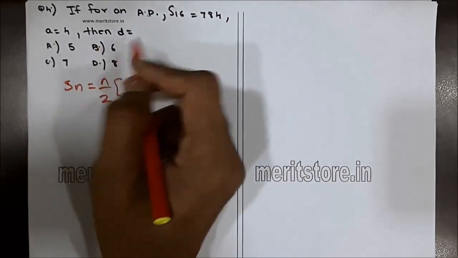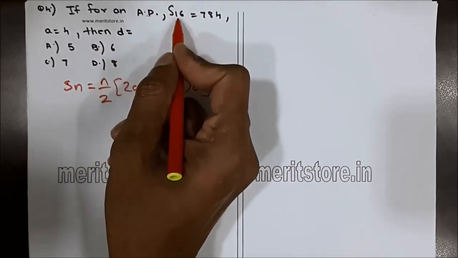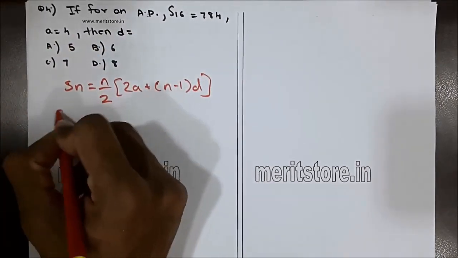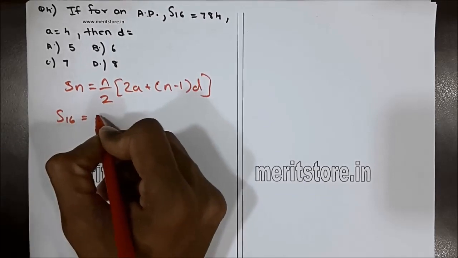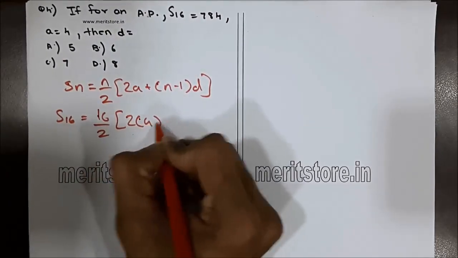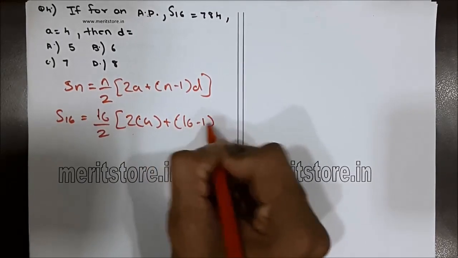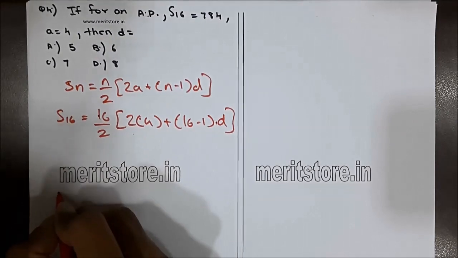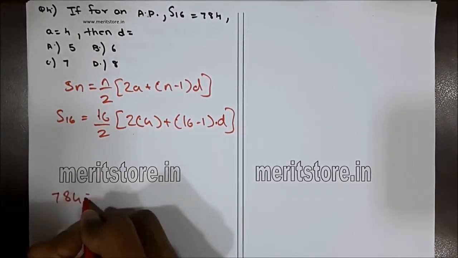Therefore, we substitute the values, that is S of 16, for A is equal to 4. So for S of 16, we have 16 by 2, 2 times 4 plus (16 minus 1) D, and we substitute the value of S of 16 as 784.